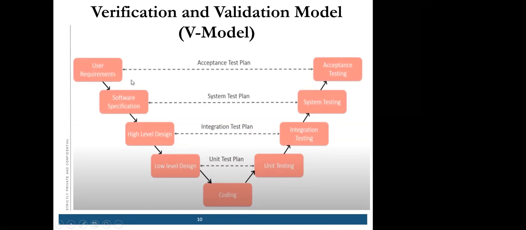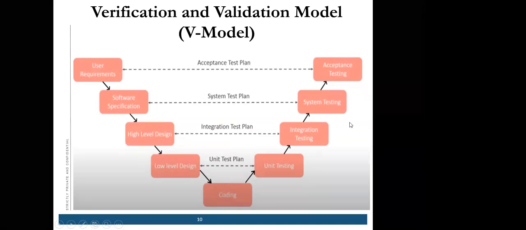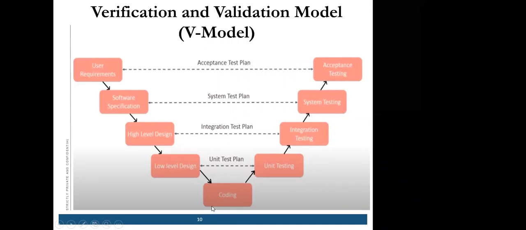Just have a look at this figure. The left side shows the development activity and the right side shows the testing activity. First we will talk about the left side.